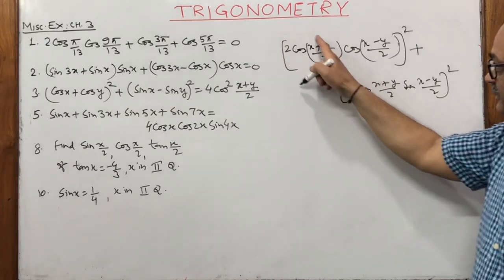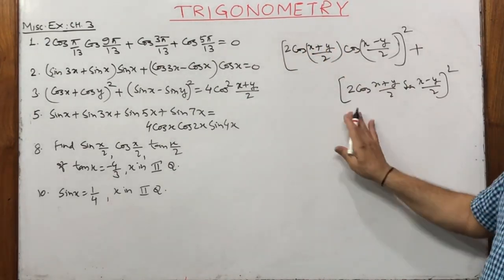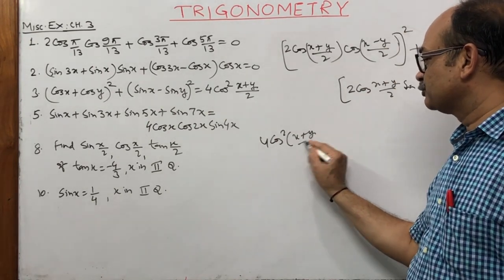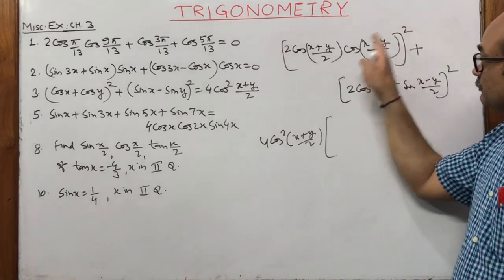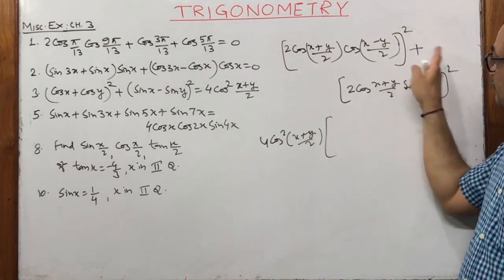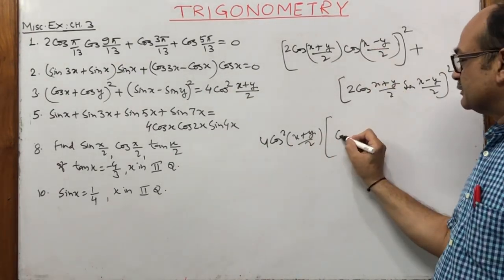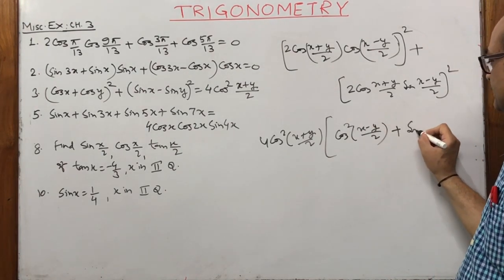If we square it, see 2 cos (x plus y by 2) and 2 cos (x plus y by 2) with the square, it means 4 cos square (x plus y by 2) common. Again, square of 2, square of cos, square of 2 cos, so common. Remaining is cos square (x minus y by 2) plus sin square.